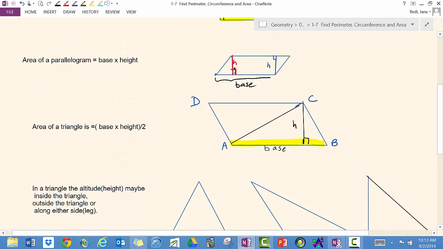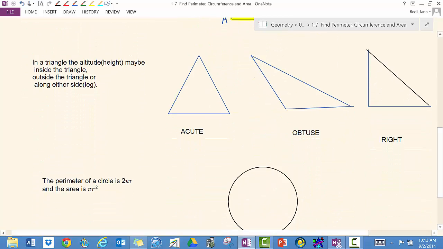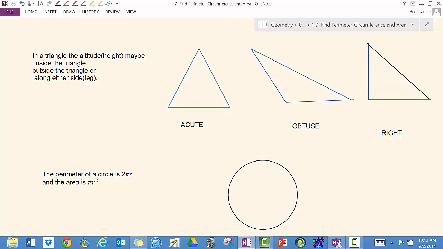This is not always the case, as you will see in these figures. In the acute triangle over here, and we call it acute because all the angles are less than 90 degrees, the height will be inside the triangle.